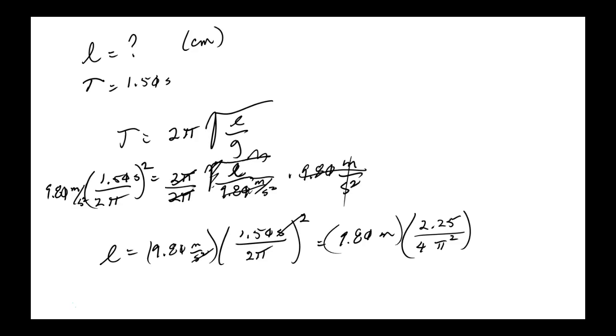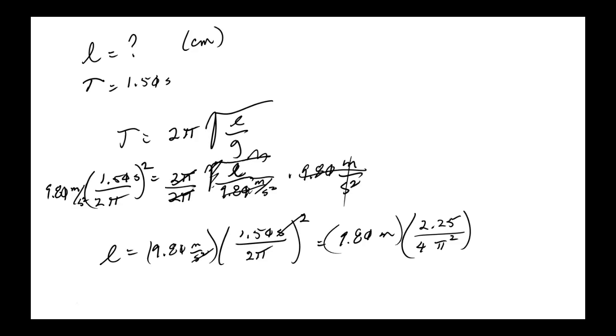Now, do you have calculators with a pi key on them? You do. Good. So what you'll do is 9.8 times 2.25 divided by 4 and divide that by pi squared. You enter the pi, then square it, and then press equal.